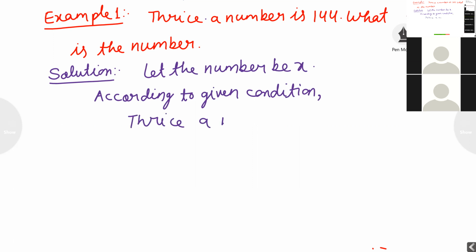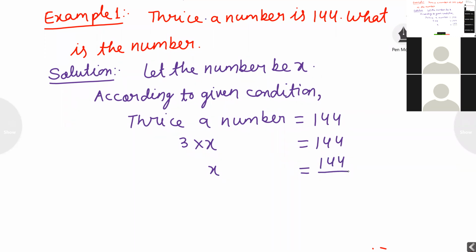Thrice means three times. The number we have assumed is x. 3 into x is equal to 144. Then x is equal to 144 divided by 3. And x is equal to, 3 fours are 12, 3 eights are 24. The value of x is 48.